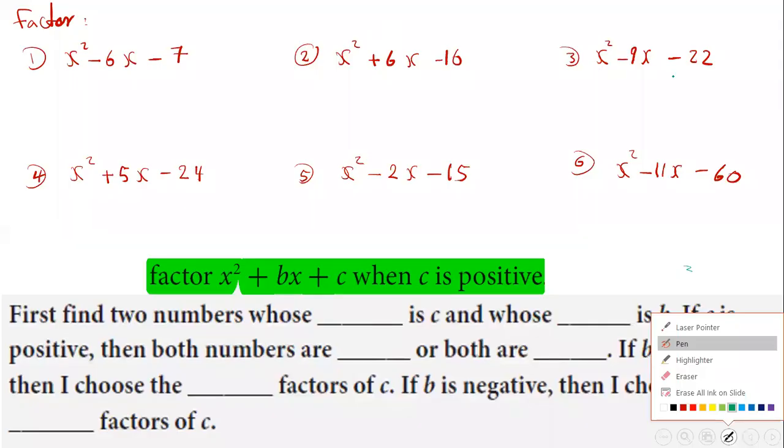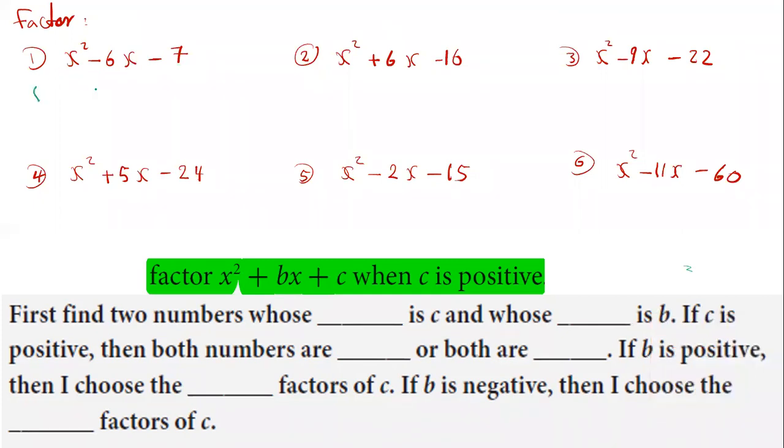Now some examples of how to factor a trinomial where the last term has a negative sign. Okay, let's start. The first one asks you to factor this. X squared will be factorized as x times x. Now 7. What are the two numbers?